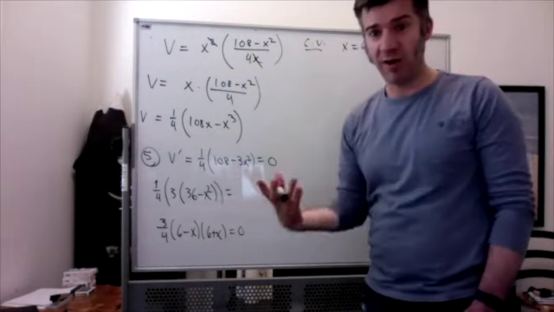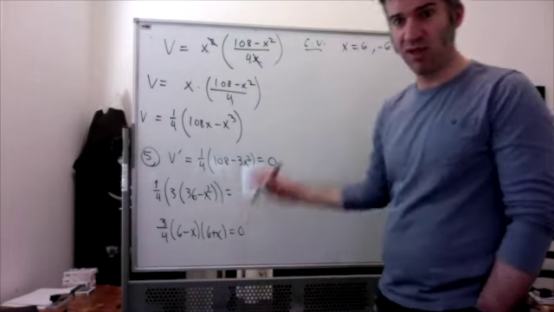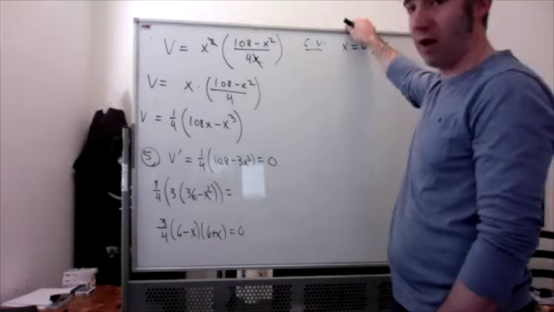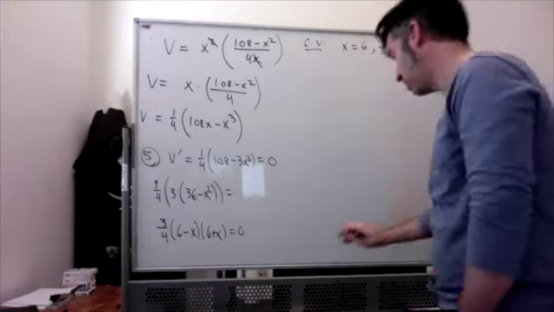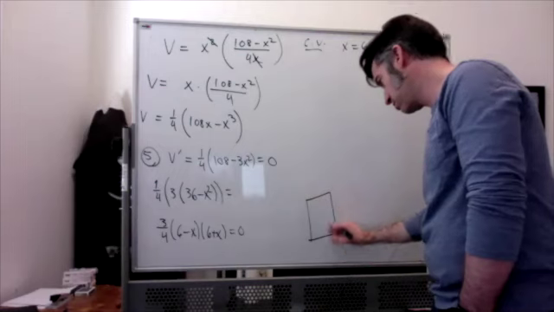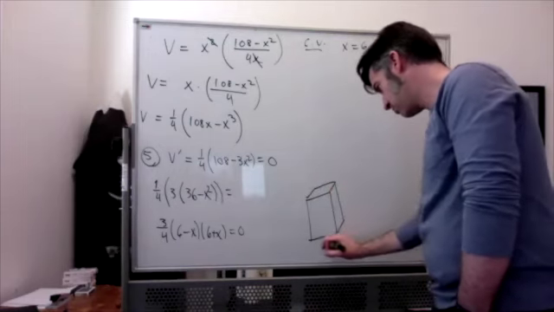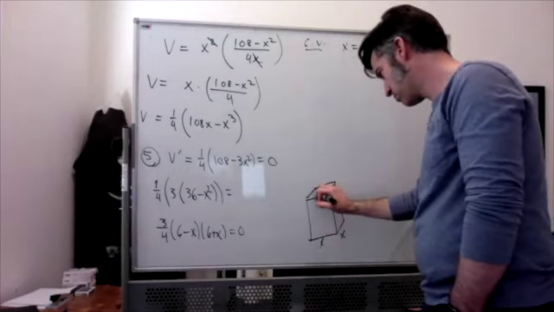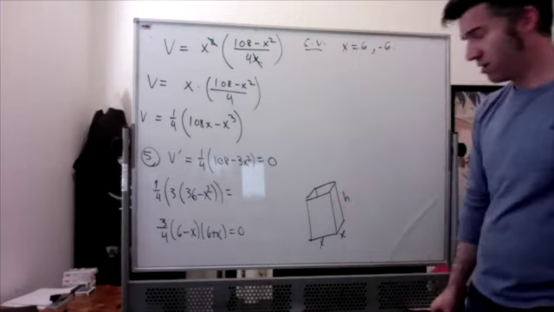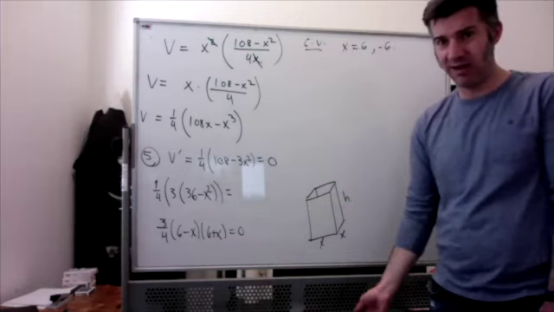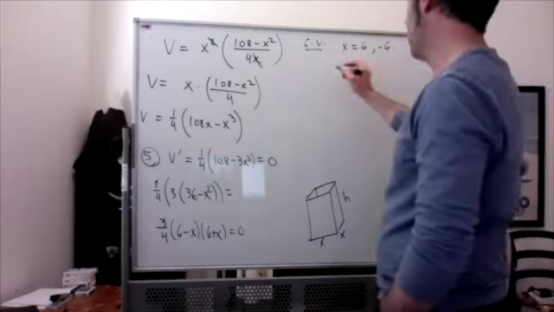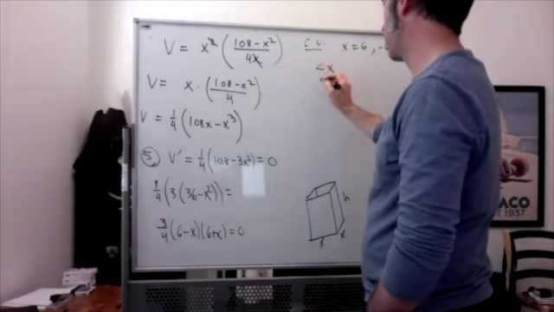So now we have to talk about context. One of these doesn't make sense. And I suppose maybe I erased my picture prematurely. And here's my picture again. x shouldn't be negative, right? That doesn't make sense at all. In fact, x should really be greater than or equal to 0.